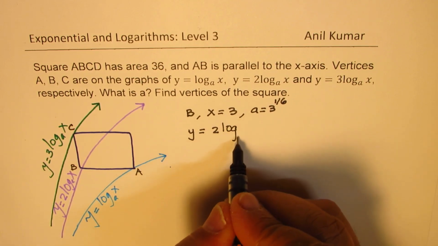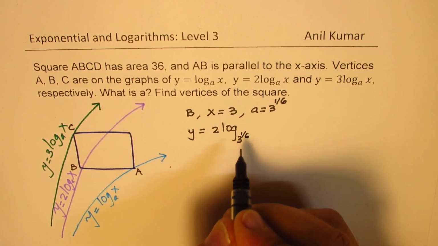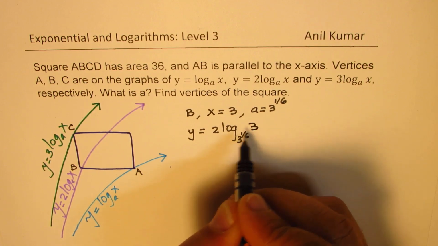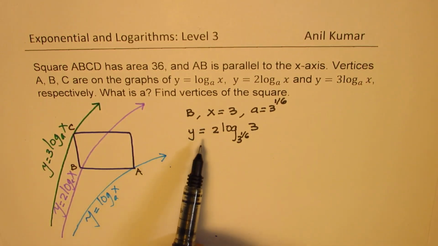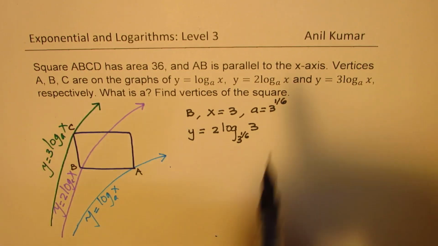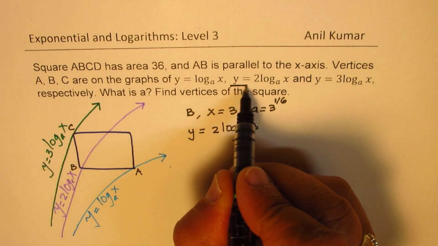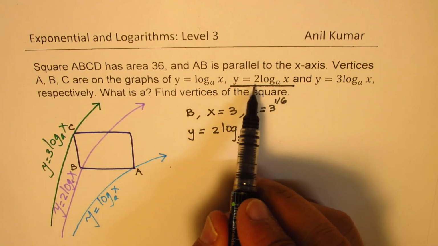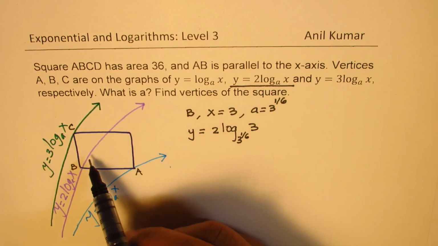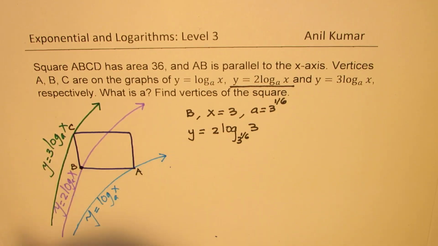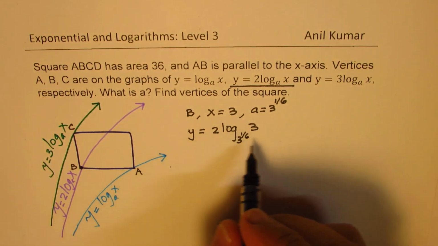And the value of x is 3. So that is the value of y at B, since B corresponds to the graph of the function y equals 2 log to the base a of x, this one, right? That's the y value we are trying to figure out.